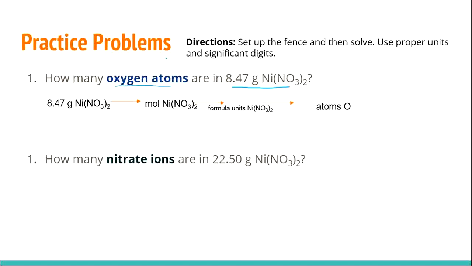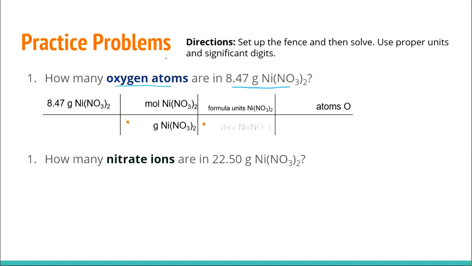We're going to go ahead and replace those arrows with the fences. So now you see that we have 4 fences. Go ahead and copy down the units. And now let's fill in each conversion factor. Moles over grams, you know that that is molar mass.